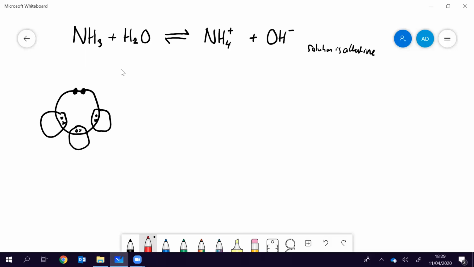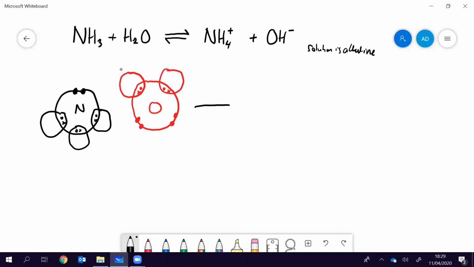Okay, I'm going to draw an H. Right, so you've got that there. And we've got 2 lone pairs on water, on the oxygen. So there's the ammonia and there is the water. And what happens in this reaction is, well, one of the hydrogens is transferred from the water molecule to the ammonia molecule.